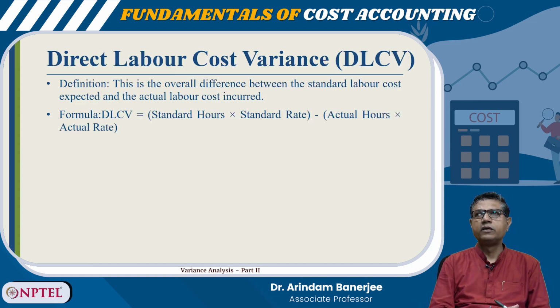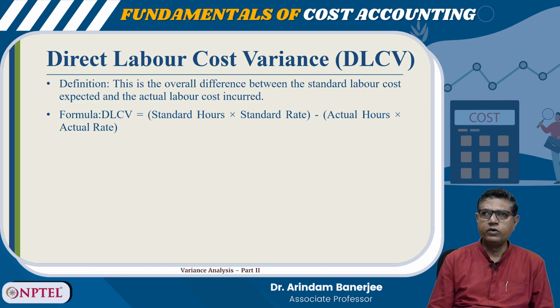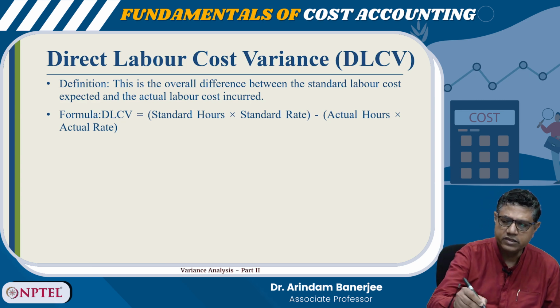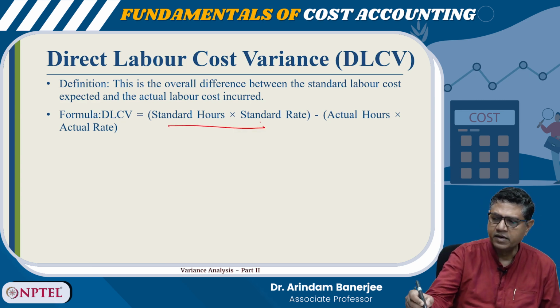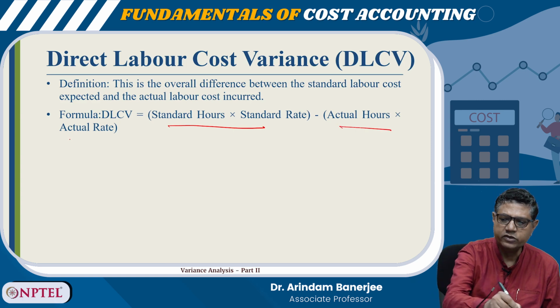How to calculate direct labor cost variance? This is the overall difference between the standard labor cost expected and the actual labor cost incurred. I can calculate it like this: standard hours into standard rate minus actual hours into actual rate.